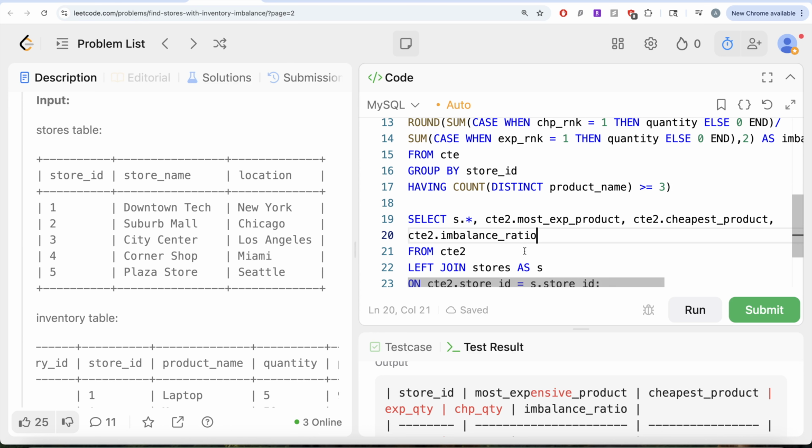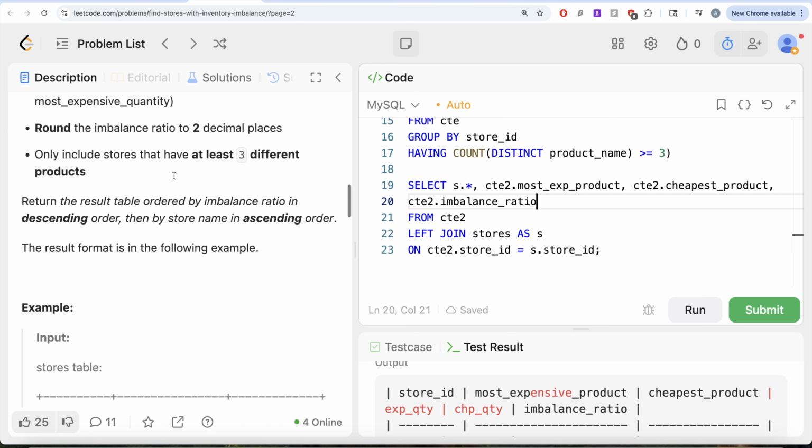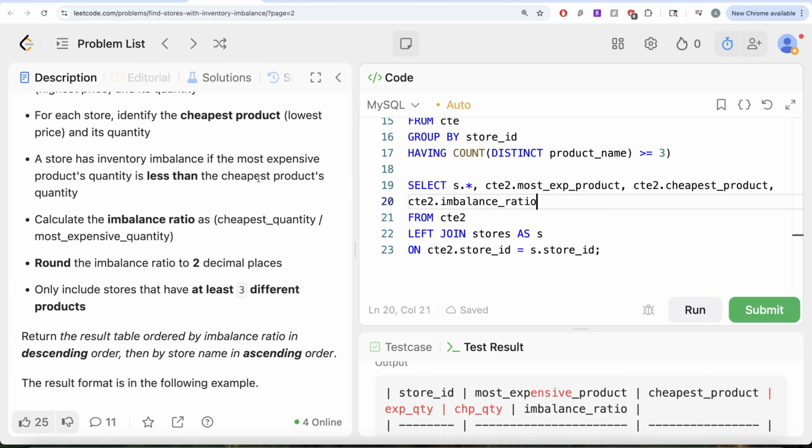You have not considered that factor as of yet. We considered that there must be at least three different products in a store, but we have never considered that only those stores are eligible where the quantity of your most expensive product is less than the cheapest product's quantity. Then only inventory imbalance makes sense.